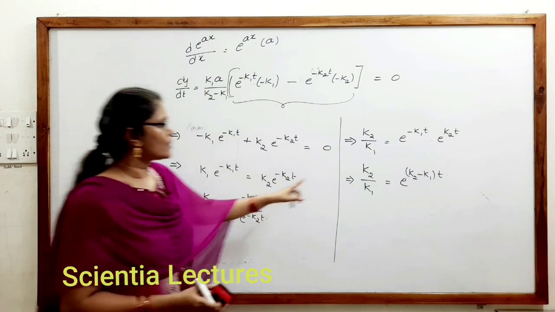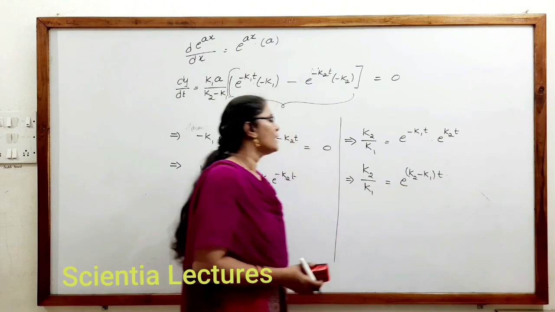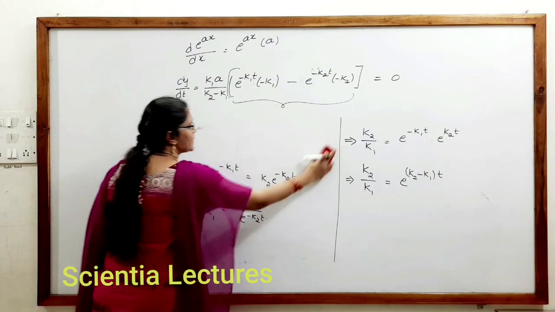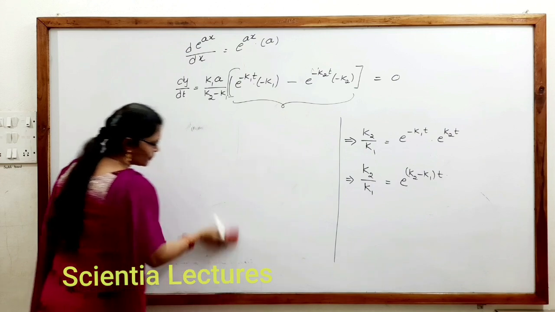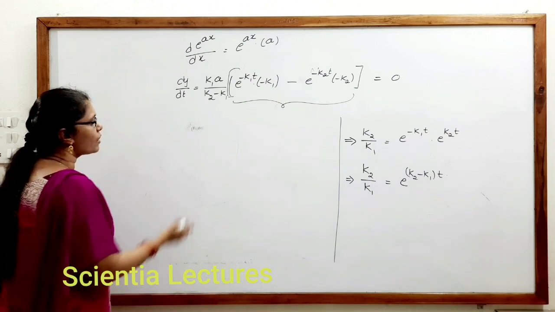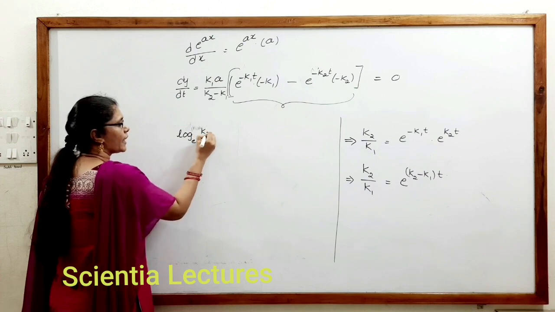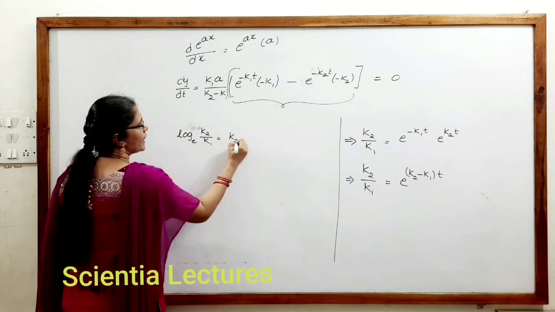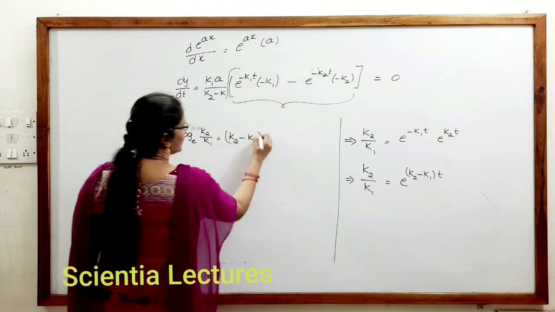So K2 by K1 must be equal to e power K2 minus K1 into t. Now if you take log base e on both sides, log base e K2 by K1 must be equal to K2 minus K1 into t.